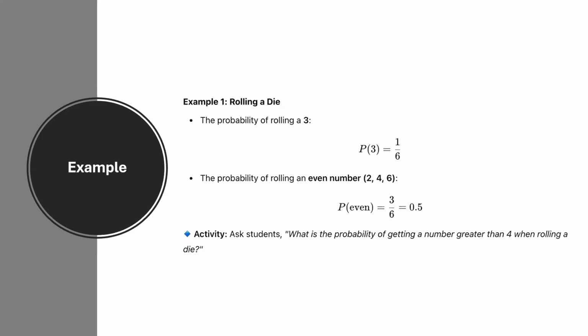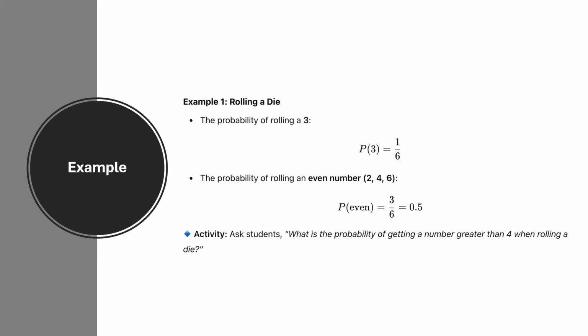Rolling a die. Let's say we are rolling a die, and I want to know the probability of getting a three. What are the favorable outcomes to get a three while rolling a die? The sample space for rolling a die is 1, 2, 3, 4, 5, 6. How many times is 3 coming in that sample space? Only one time.